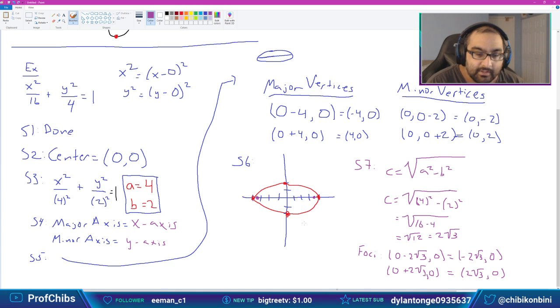Any questions about this example here? We're going to move to a more complicated example next. Maybe not super complicated, but still one that bears doing. But first, any questions?